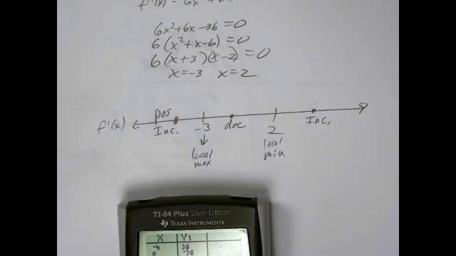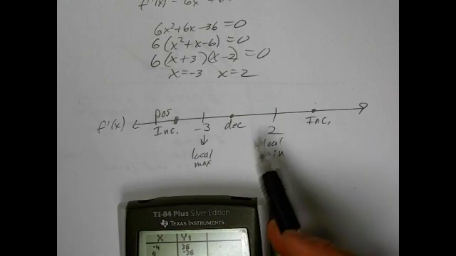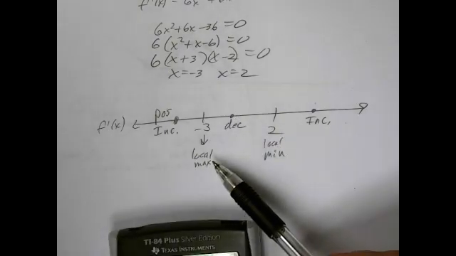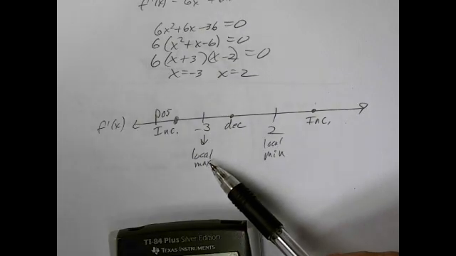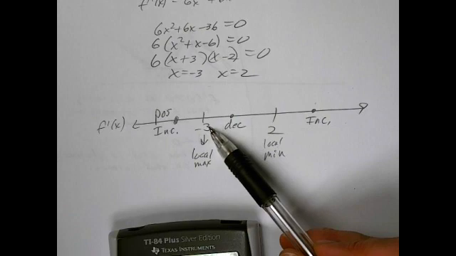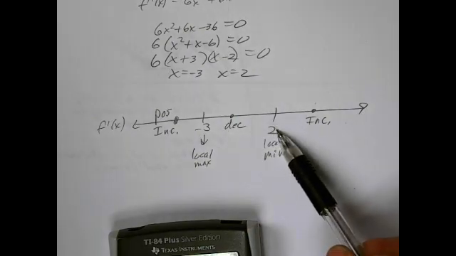All right, so again, just using the first derivative, without looking at a picture of the graph at all, I know that I have a local max located at -3, and I have a local min located at +2.